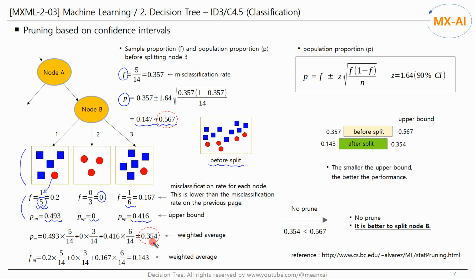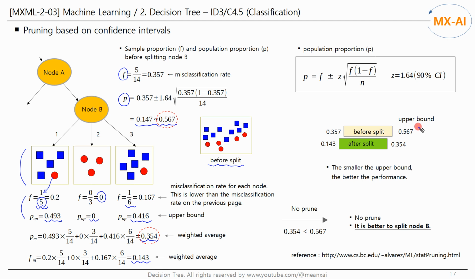And calculating the weighted average of these values gives us 0.354. If we calculate the weighted average of the sample proportions of each child node, we get 0.143. This is the average of the lower and upper bounds of the population proportion P.